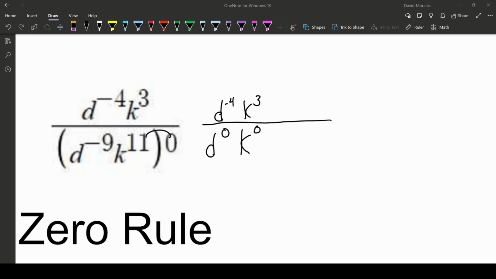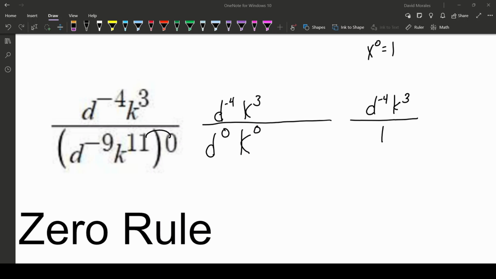The zero rule states that if I have anything raised to the 0, it is 1. So my next step, I'm not going to touch the top just yet. Right? D to the 0 is 1. K to the 0 is 1. 1 times 1 is the same as 1. Okay? All right, so that's applying the 0.